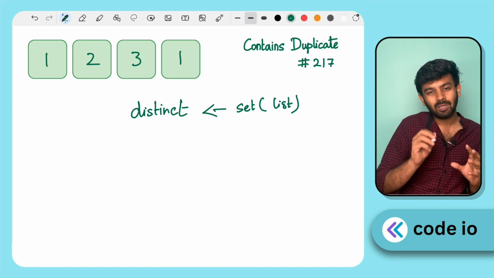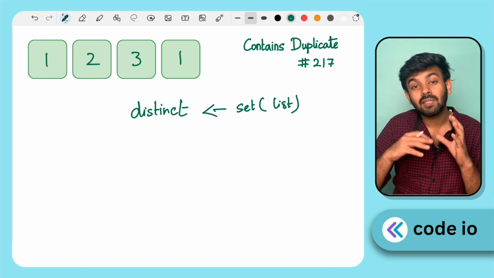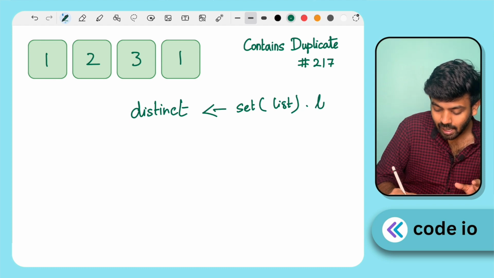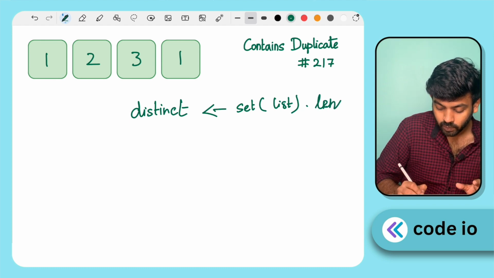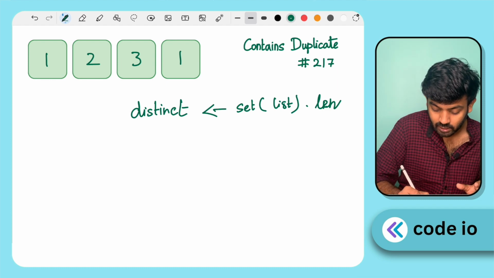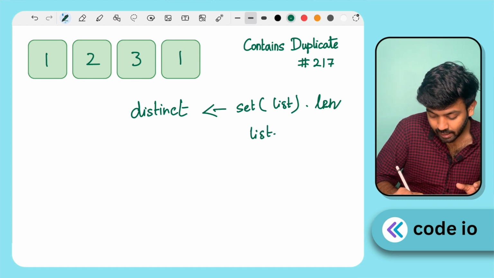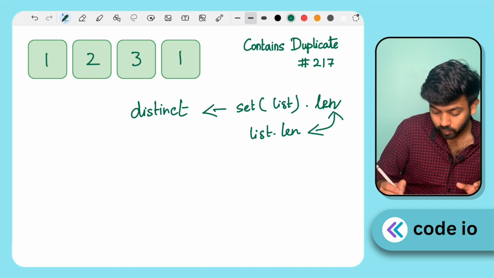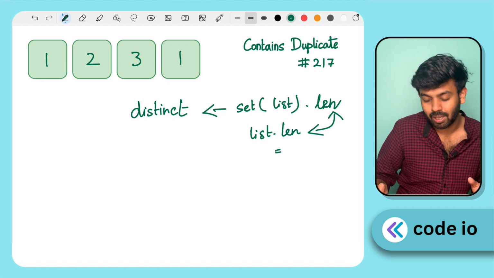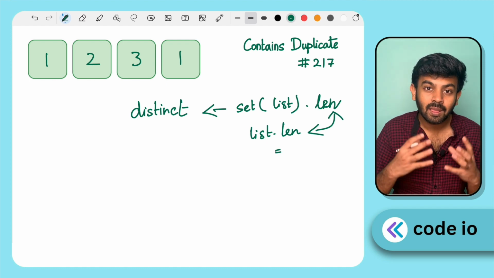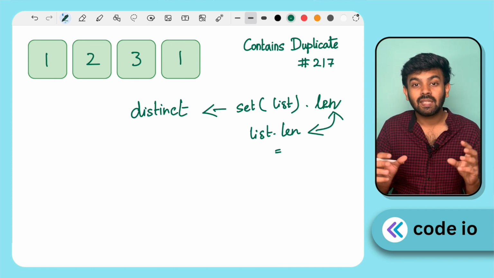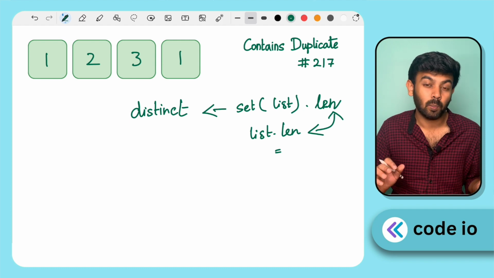Now a simple approach is, you can convert this list into a set, and find the length of the set, and find the length of the list, and compare these two. If they are equal, meaning that the length of the list is equal to the length of the set, it means that it doesn't have any duplicates.